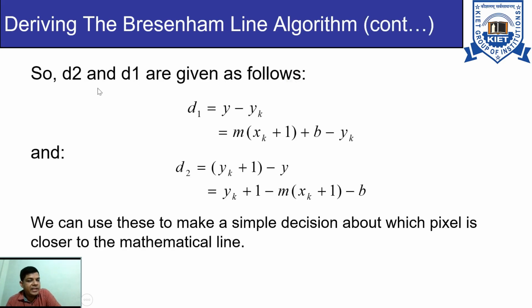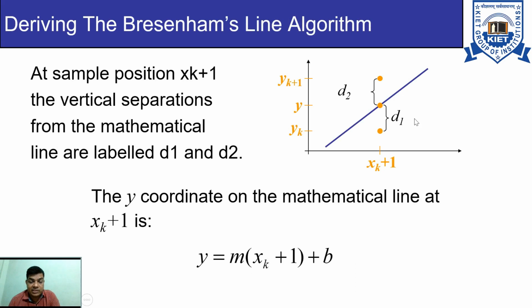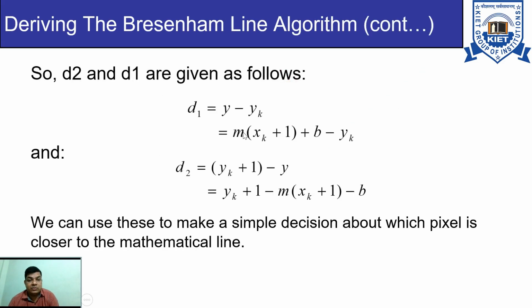Now we are calculating the two parameters, d1 and d2. We know that the distance d1 is between y and yk. You can see from the figure that the distance d1 is the distance between y and yk, so we take the difference of y and yk.